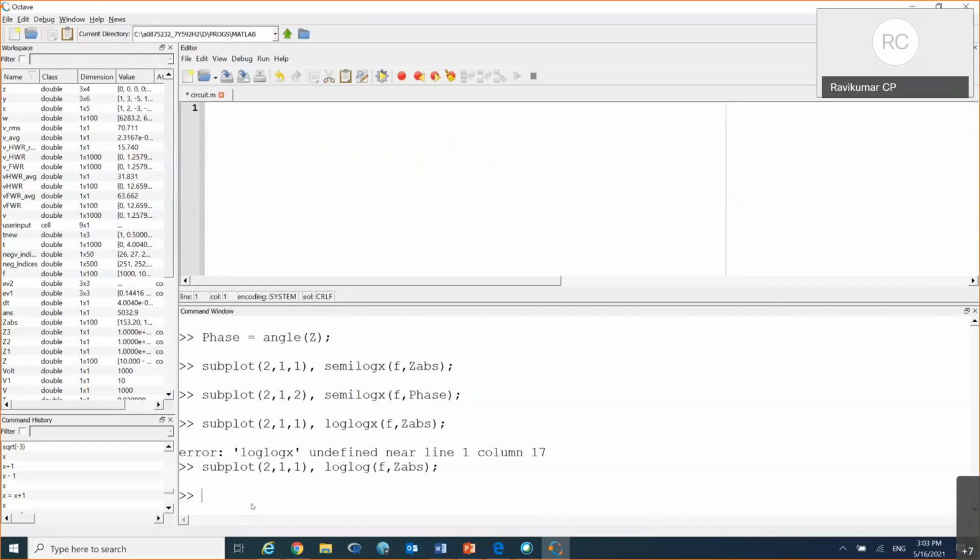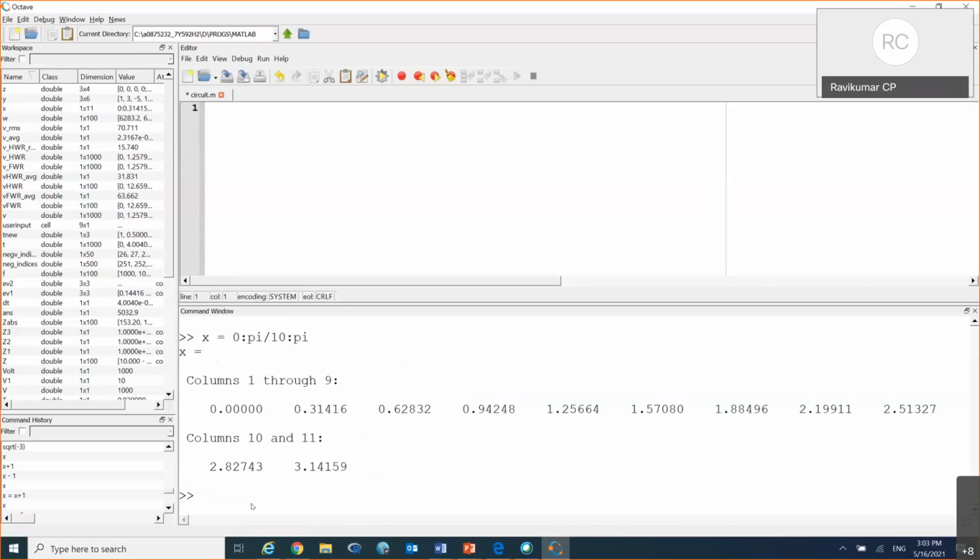If you remember, if x equals, let us say, start from 0 in steps of pi by 10, keep going till pi, then if you say sine of x, it applies the sine operator to each and every element. So the for loop is not required to do something like this.